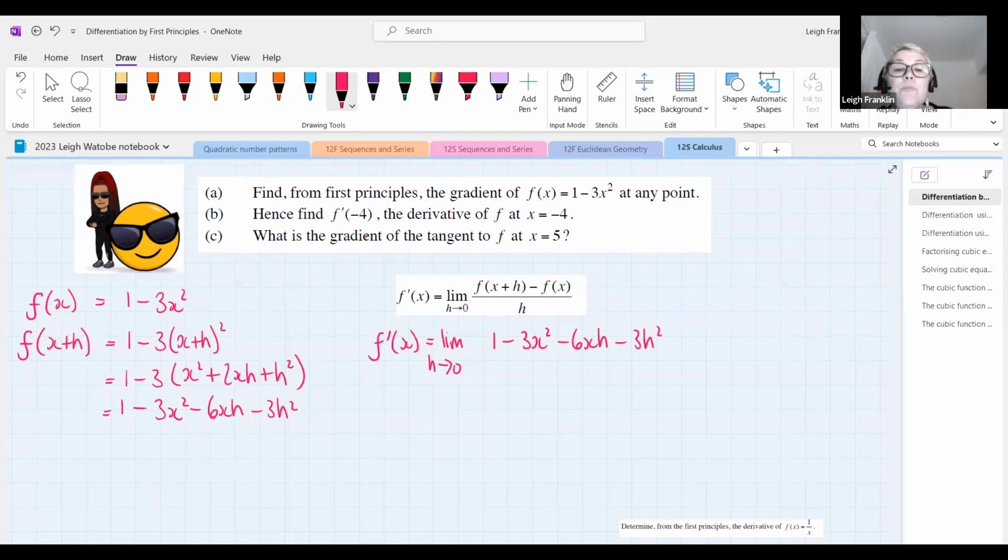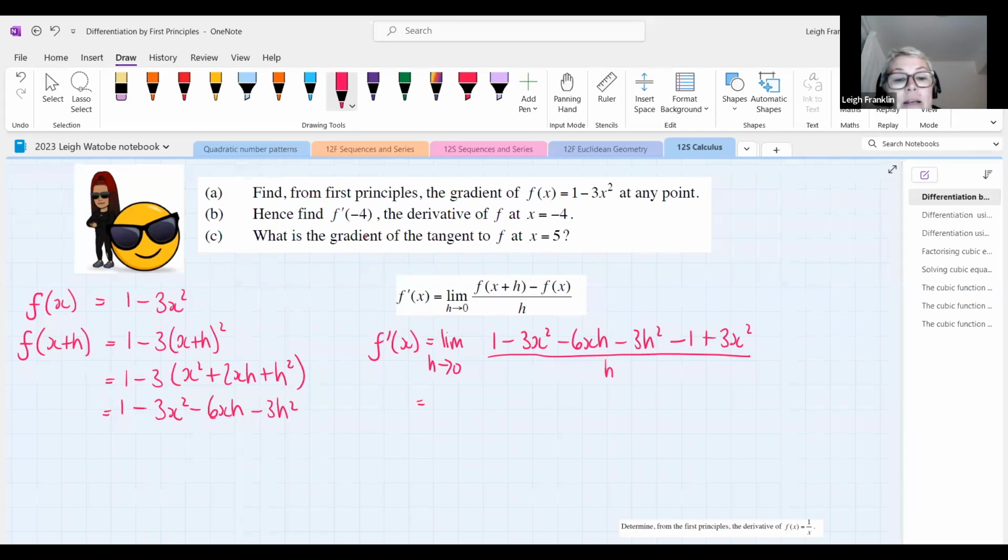Now, because you are subtracting f of x, which is a binomial, when you subtract, your signs need to change. So it's going to become minus 1 plus 3x squared. And then you must write over h. Your h can't disappear out of the question and then reappear back in there later on.